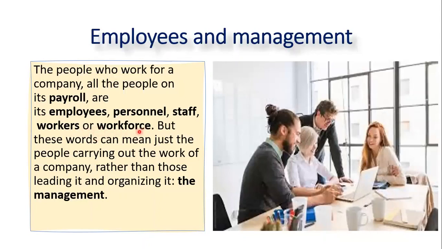As I told you before, everybody working in a company can be considered workforce. But these words can mean just the people carrying out the work of a company rather than those leading it and organizing the management. So people leading the company are in charge of the management, and people on the payroll are employees, personnel, staff, workers, or workforce. That easy.